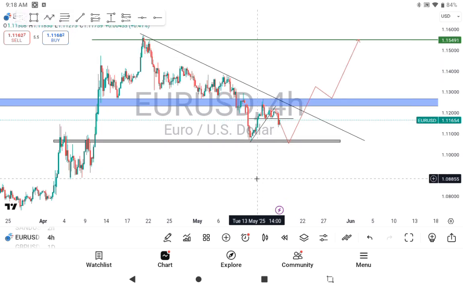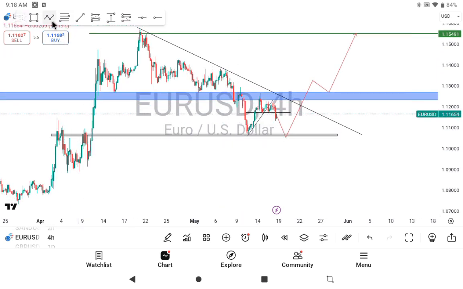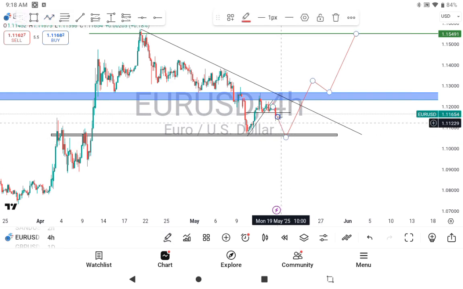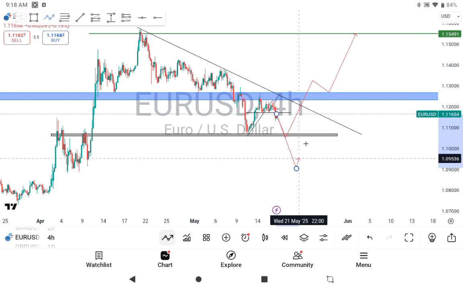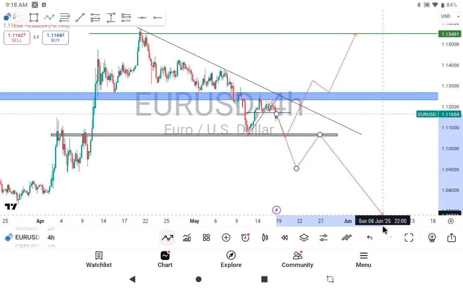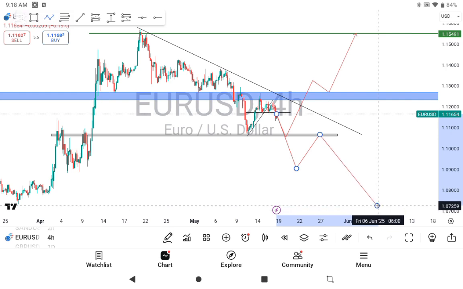And if that did not happen, and we see price push back down, see price break like so, a pullback, we sell Euro USD to the downside right here.